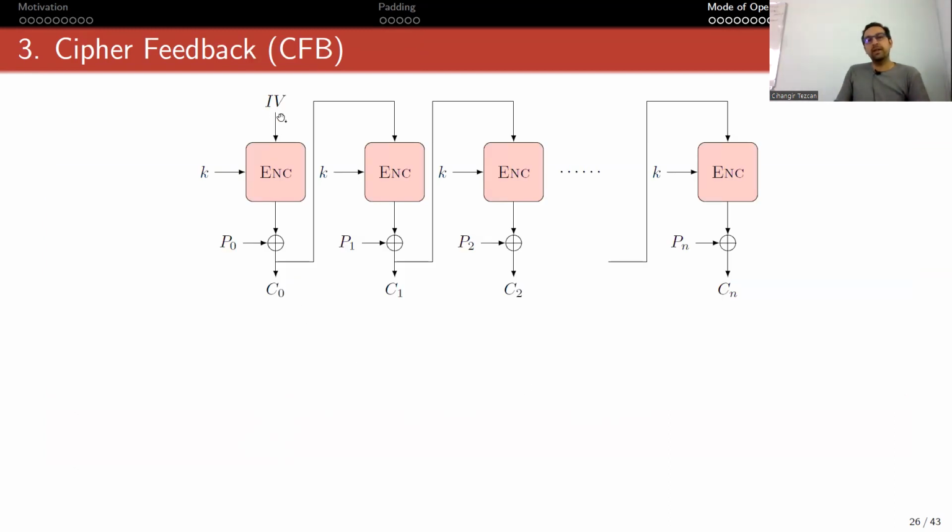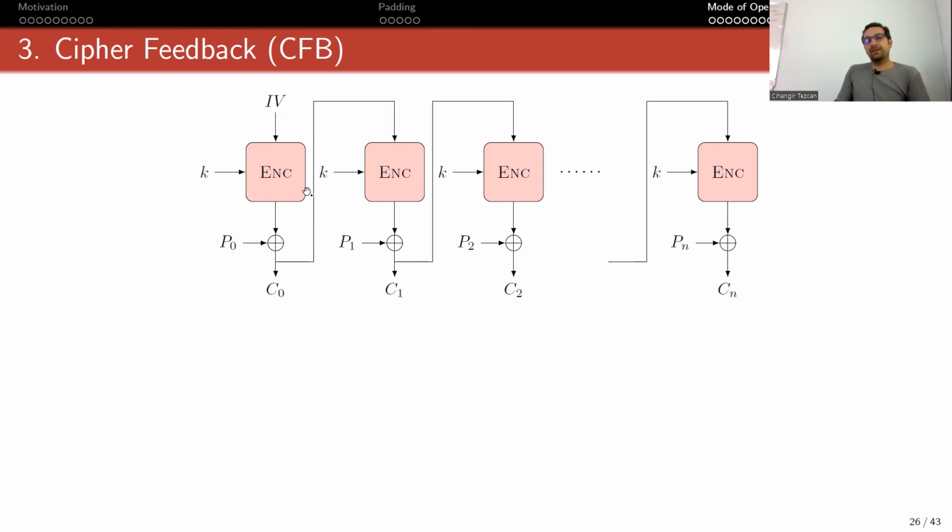So instead of encrypting the plaintext, you are encrypting the IV. Okay, so you obtain an output here. Then XOR this output with your plaintext block to obtain the ciphertext block C. Then you are encrypting the ciphertext block, the result is XORed with the plaintext block, and you obtain the second ciphertext block. And you go on in this way, okay?